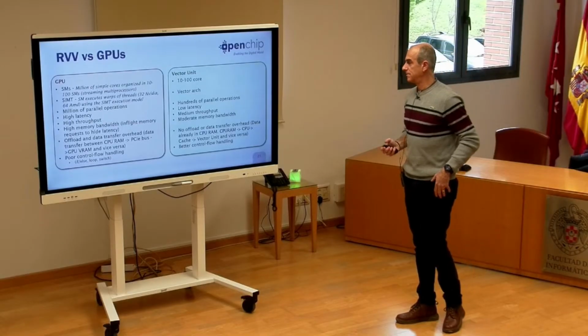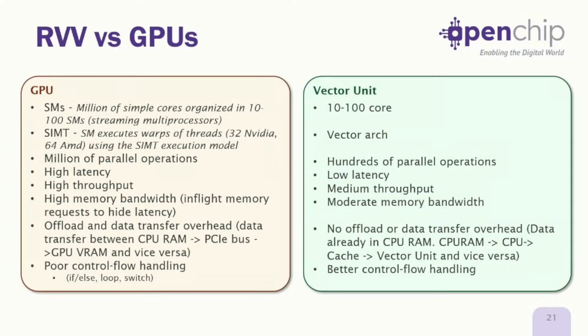There is here just a recap of the differences between vector units and GPUs. There are very many differences. I just want to point out that the vector unit is better suited for low latency and medium throughput work.